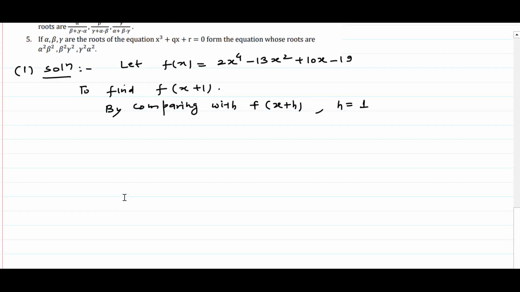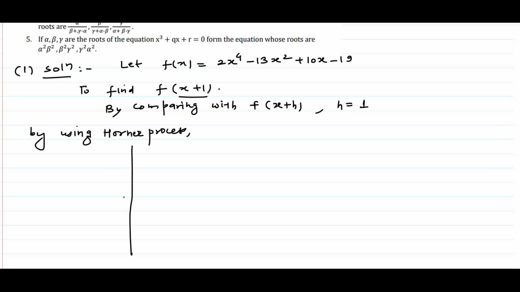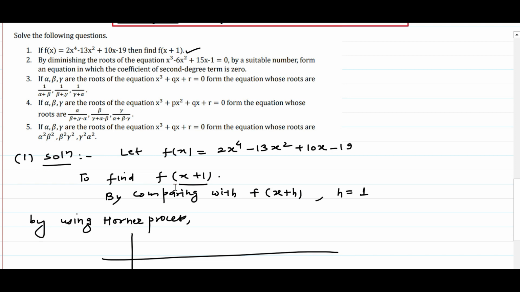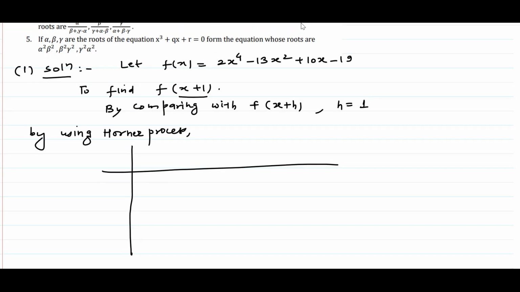So now further, by using Horner's process, we can construct synthetic division. We will solve the value of f(x + 1) by using the synthetic division method. First of all, we need to draw this table and write all the coefficients here. But you can see our given function f(x) is not in standard form.